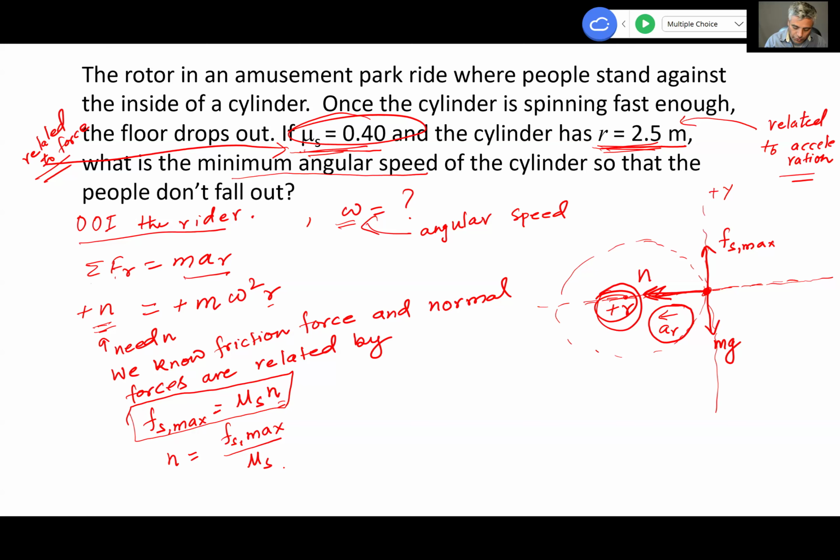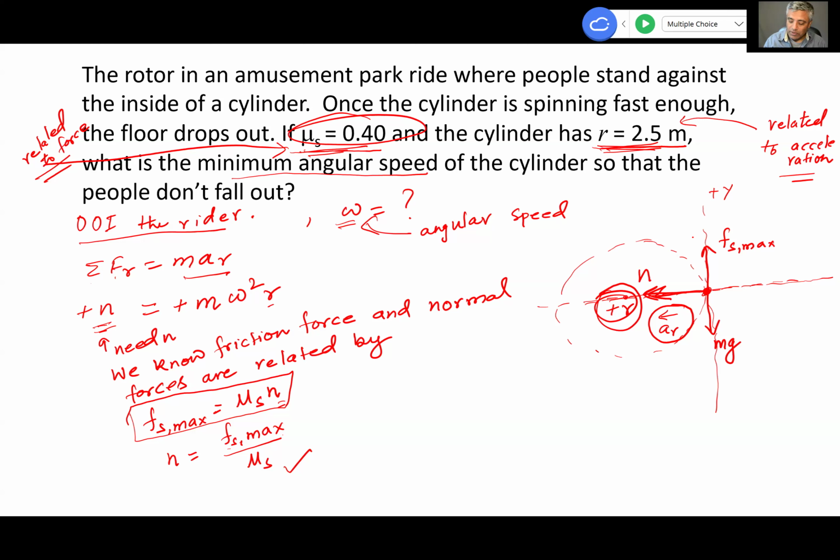Now, we know coefficient, but we don't know friction force. So whenever I need a force, I go and look at the free body diagram to see if it is there. If it is, then maybe I could use it, okay?